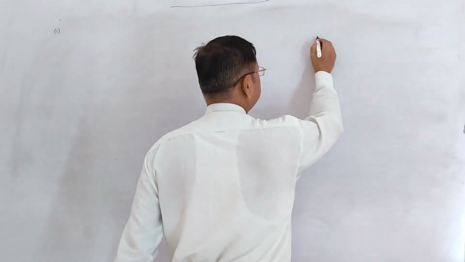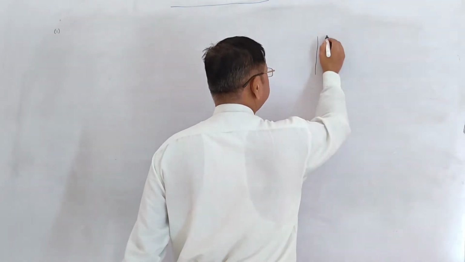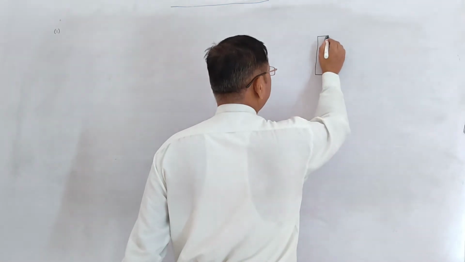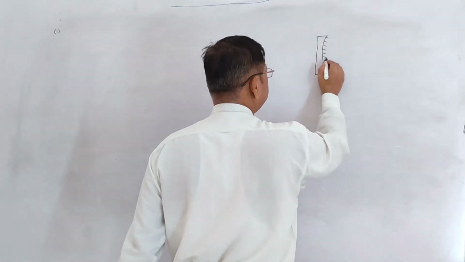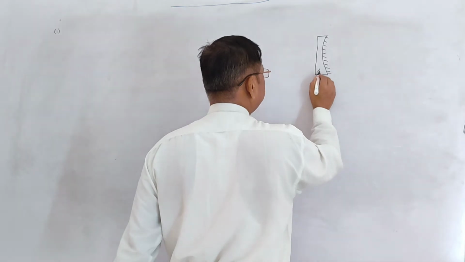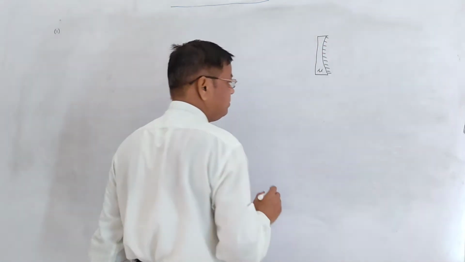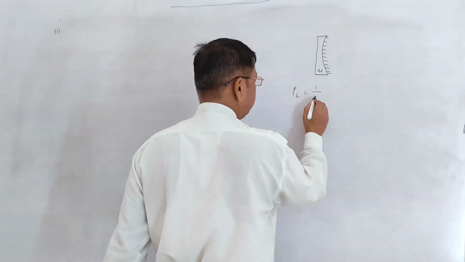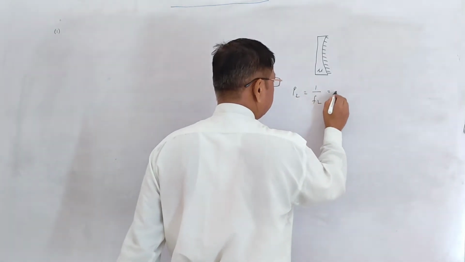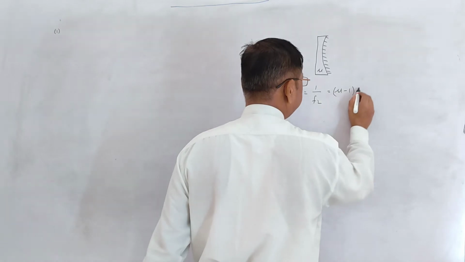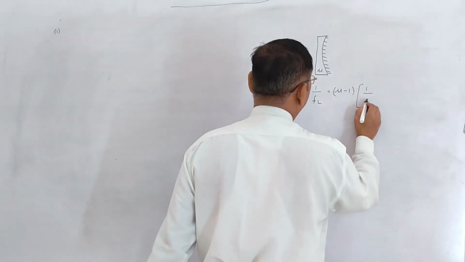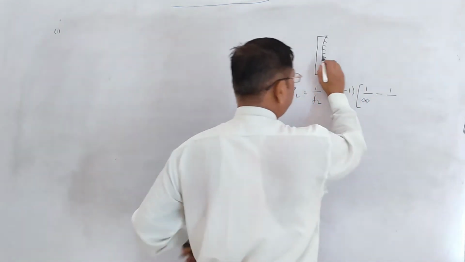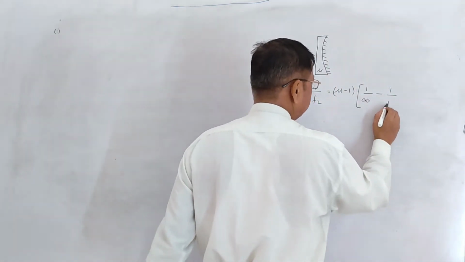Now you may take this lens, a plano-concave lens where the concave surface is silvered, refractive index is mu, radius is R. Again PL will be equal to 1 by FL, and that is mu minus 1 times 1 upon R1, which is infinity, minus 1 upon R2, and R2 in this case will be positive.